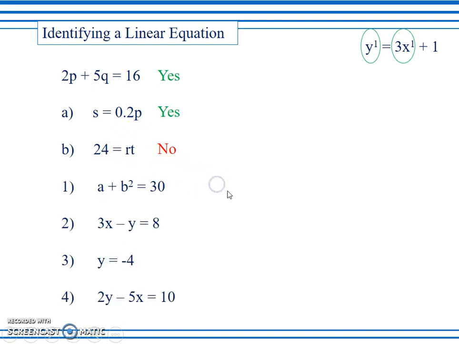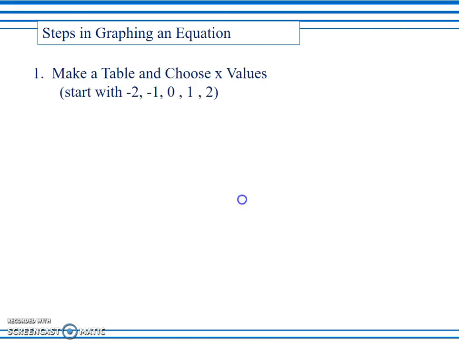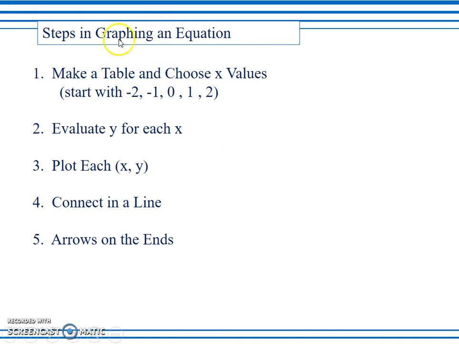So here are 4 for you to try, and then we'll move on with our video. Okay, there are 5 steps in graphing a linear equation, or graphing any equation. We're going to make a table, and we're going to choose x values for the table, and then we're going to put in the x to find the y. So it's always smart to start with some negative terms and 0 and some positive terms.